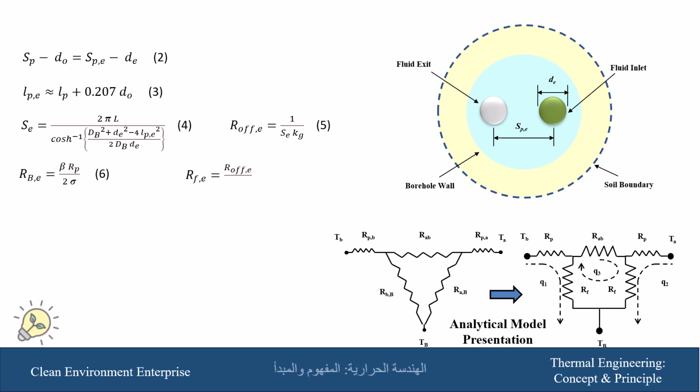Then we have R sub F equivalent equal R offset divided by sigma, and sigma represents the obstruction factor as has been derived previously.